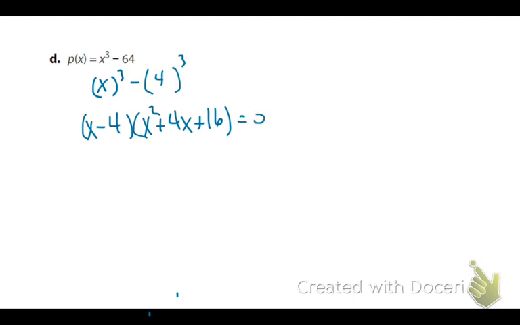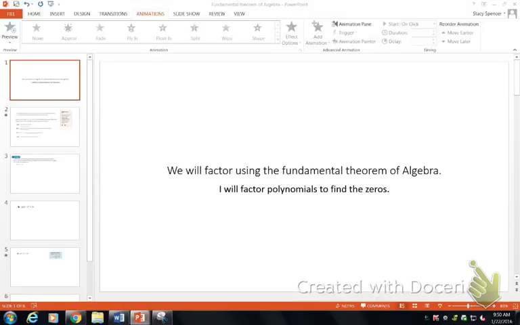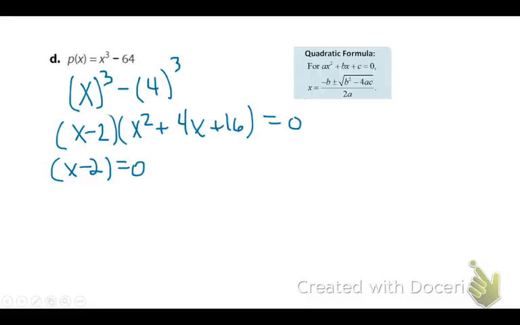The x squared plus 4x plus 16, we need to look at that. That one is not factorable by using the x method. So that one, we're going to introduce our quadratic formula. So we have our formula for a quadratic formula here, and now we're going to replace in our A, B, and C. So let's do that.